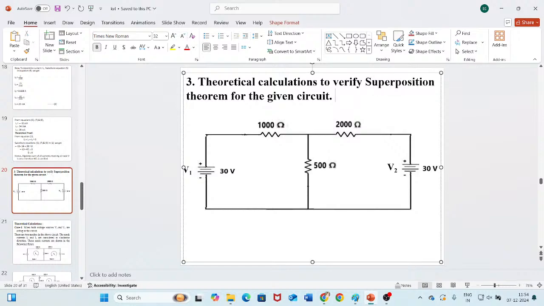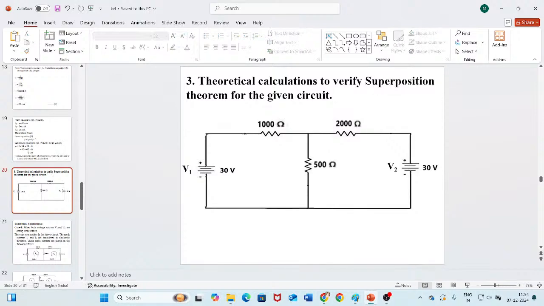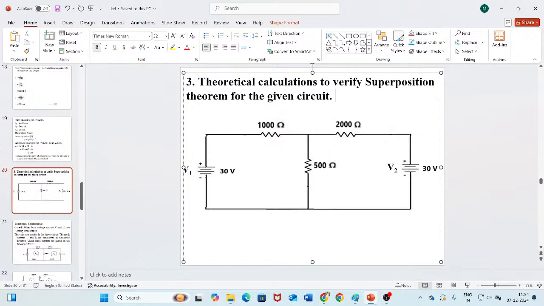So here two sources are there, the V1 source and the V2 source. It will be easier to understand if we mention V1 and V2, so that's why I have considered this. I think again and again, for each and every circuit, I have to add.